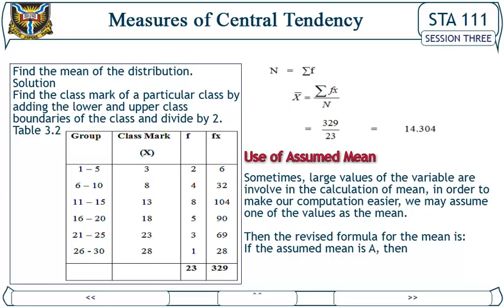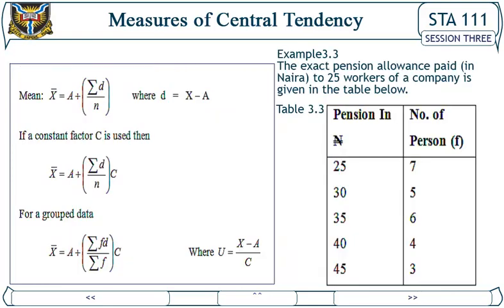Use of assumed mean. Sometimes large values of the variable are involved in the calculation of the mean. In order to make our computation easier, we may assume one of the values as the mean. Then the revised formula for the mean is, if the assumed mean is a, then mean equals a plus summation d over n, where d equals x minus a.